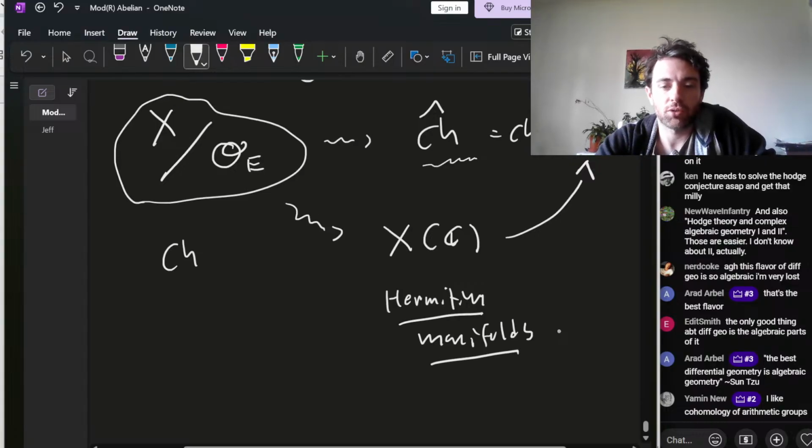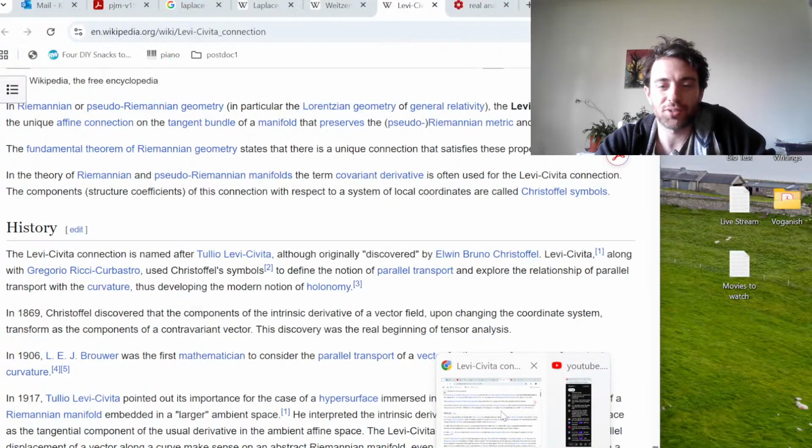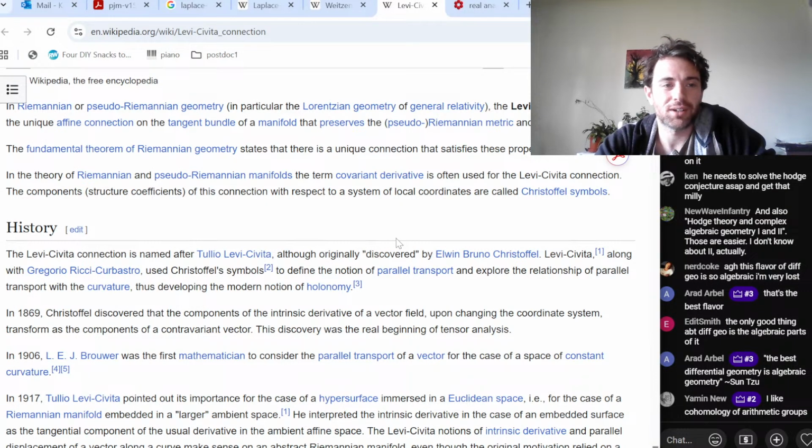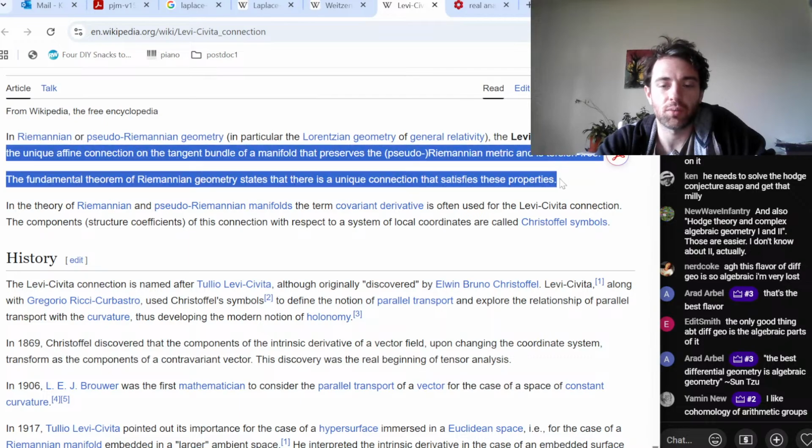Oh yeah, and this is why I got started on this whole tangent to begin with. Part of what Arad was saying when we were looking at this is why I started talking about this. So this uniqueness, right? The fact that in the Riemannian case we have this unique connection. The Levi-Civita connection is a unique one, satisfying this.